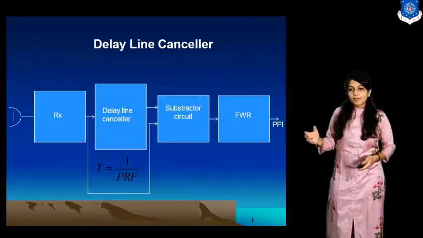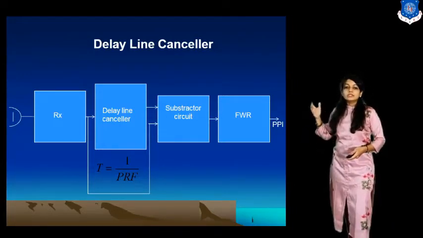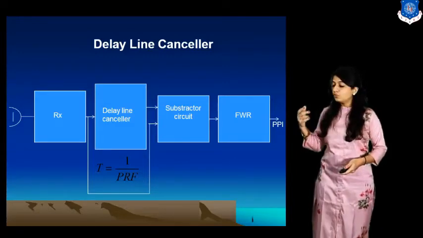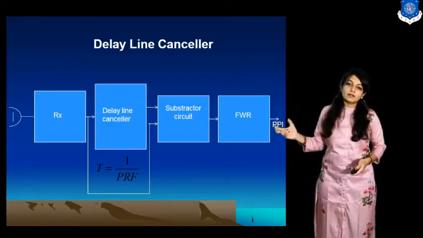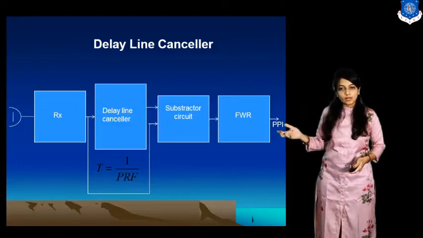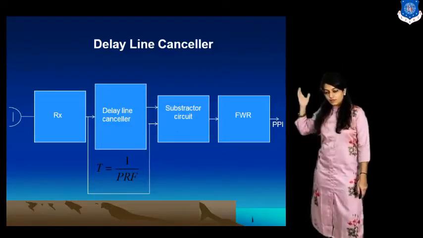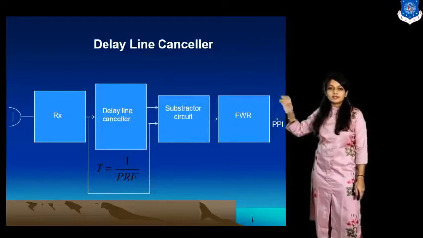Now, how will this delay line canceller reduce the effect of clutter? For that, we are going to understand it with the help of the block diagram. Over here, the first block is the receiver, and before that the antenna is there.